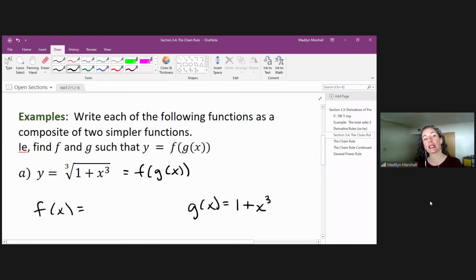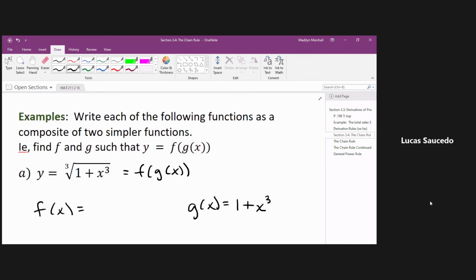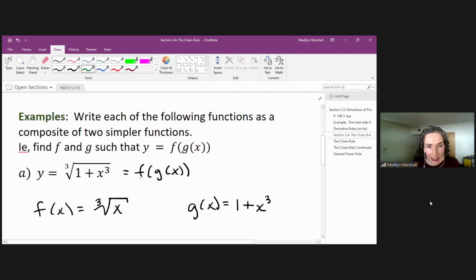So what is f of x? The cube root of x. Exactly. Our outside, the f, is whatever's on the outside.